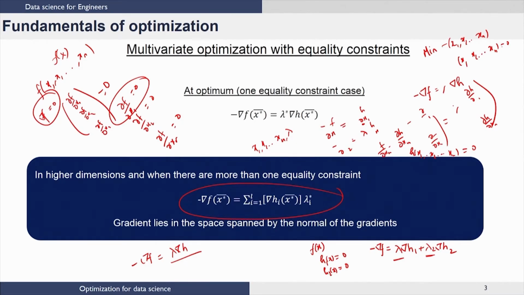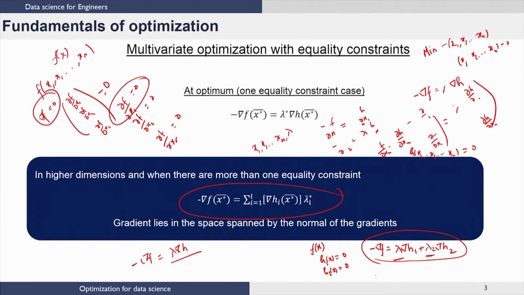The other part that we need to worry about is if I have enough equations to solve for all the variables. When I have two constraints, that basically means I have introduced two new variables, lambda 1 and lambda 2. However, this equation irrespective of the number of equality constraints you have will always be n equations, right, because grad f would be dou f dou x1, dou f dou x2, dou f dou xn.